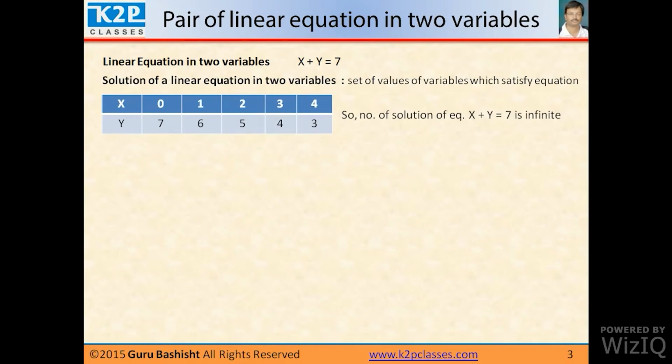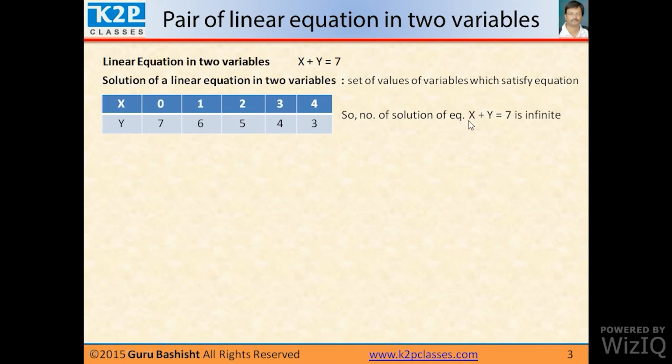If x is 1, y is 6. If x is 2, y is 5. Similarly, if x is 4, y is 3. So the number of solutions of the equation x plus y equal to 7 is infinite. But here our main focus was what is a solution. A solution is the value of the variables which satisfy the equation.